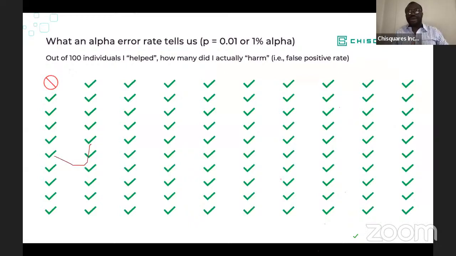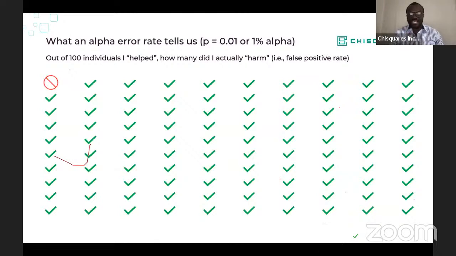When you read papers, you see that they will say statistical significance was set at p less than or equal to 0.05, or the alpha threshold was at the 5% level. What does that mean? Well, an alpha error rate you can simply understand in the context of the number of 100 people you helped, how many did you actually harm?